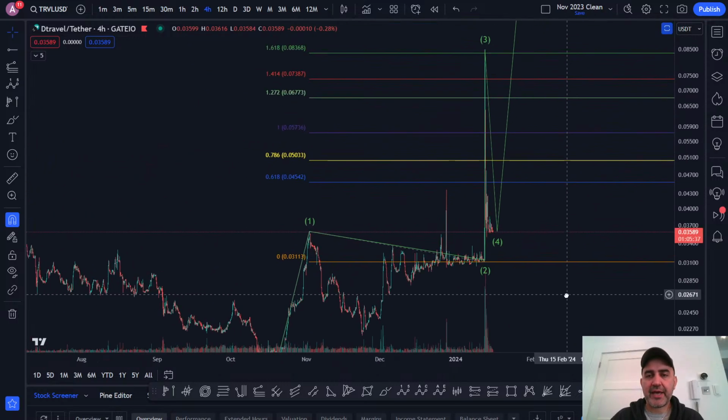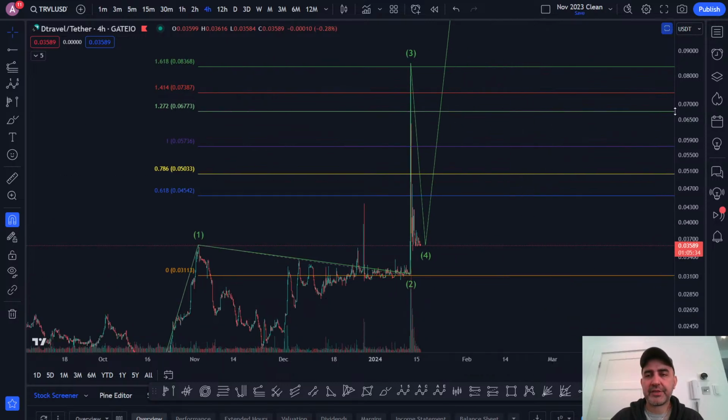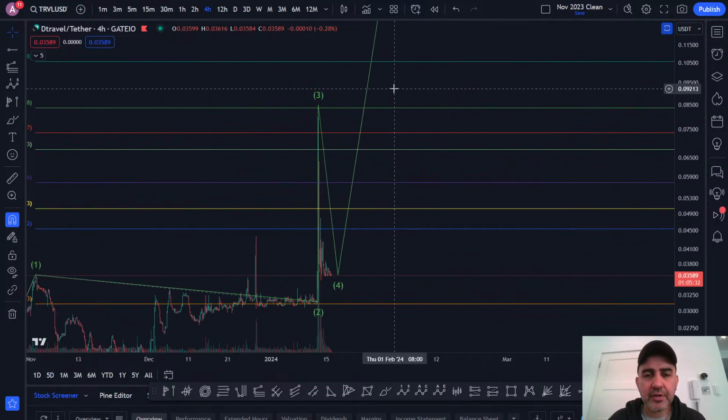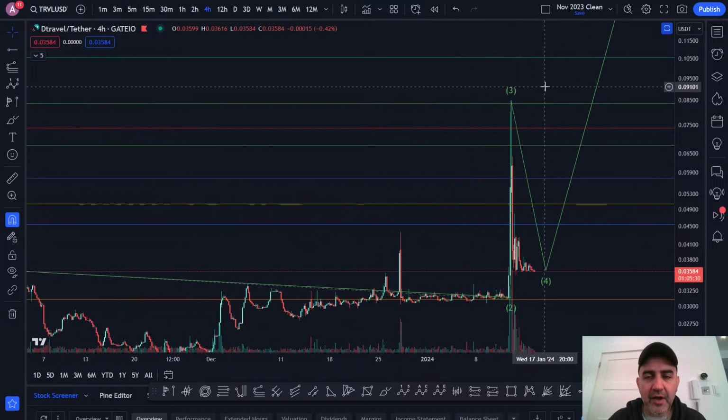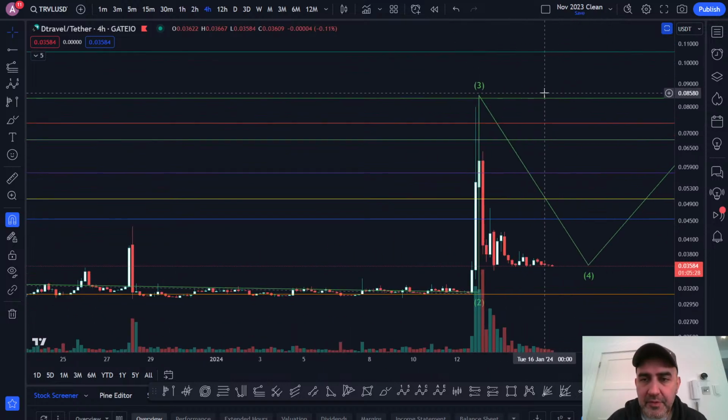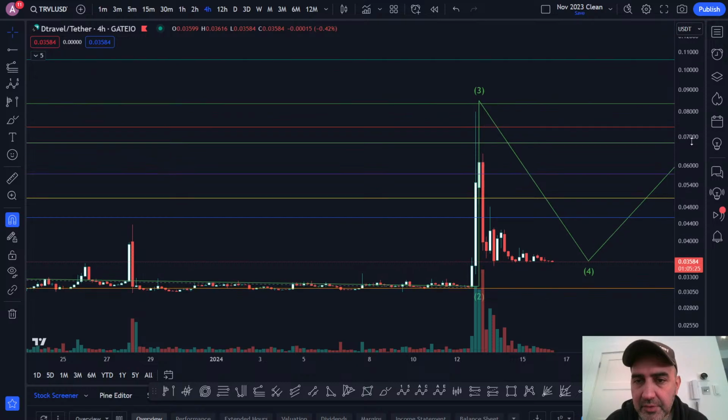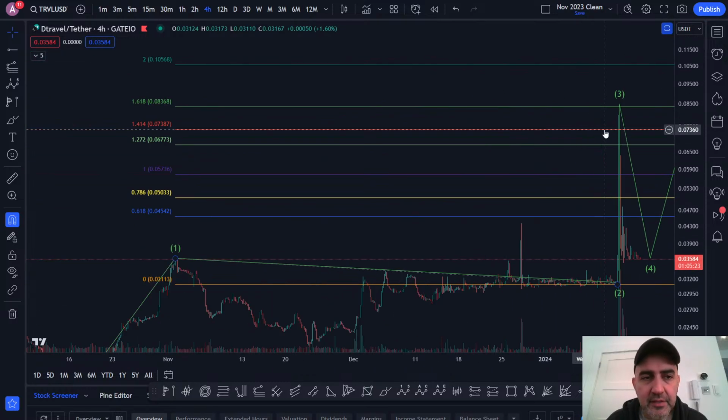Then when you draw that, look at the extension. Look how far the 3 got to. Let me see.